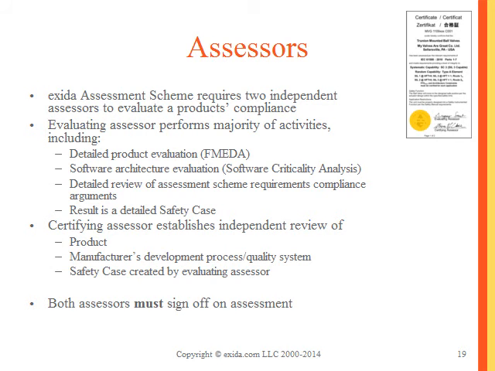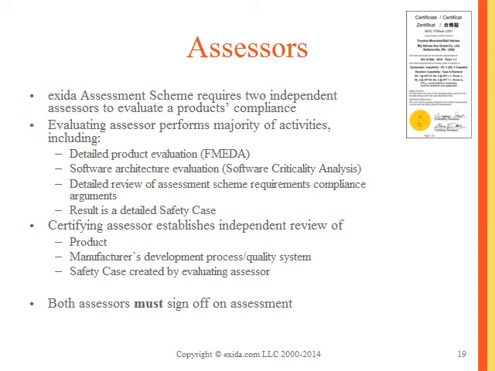Then at the bottom of that main conformity declaration section, you'll find two signatures. A signature by an evaluating assessor and a signature by a certifying assessor. And our assessment scheme requires that there are two independent assessors to evaluate a product's compliance. The evaluating assessor is the one that performs the majority of the activities.